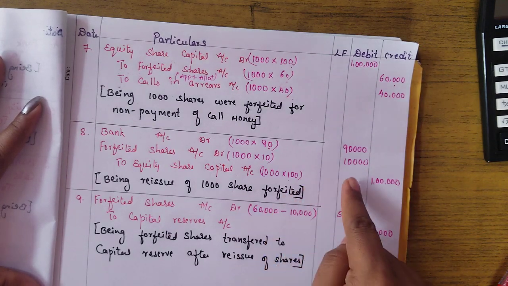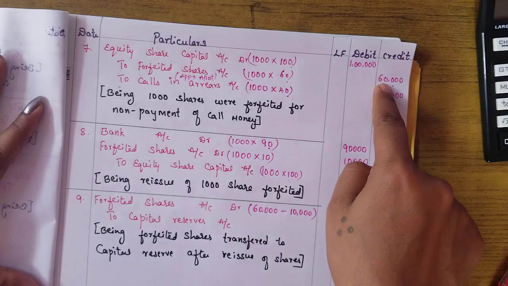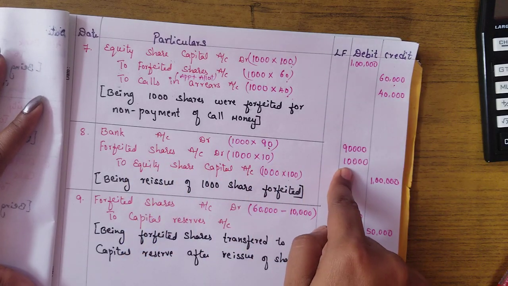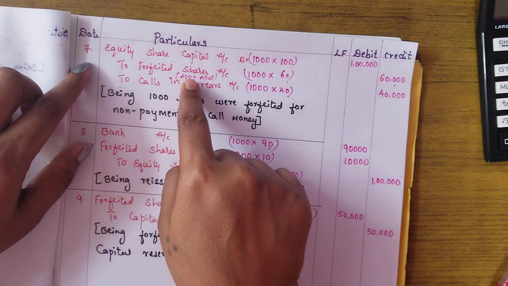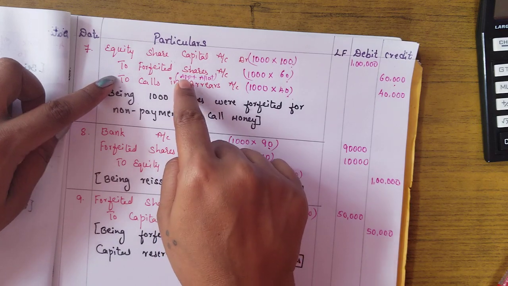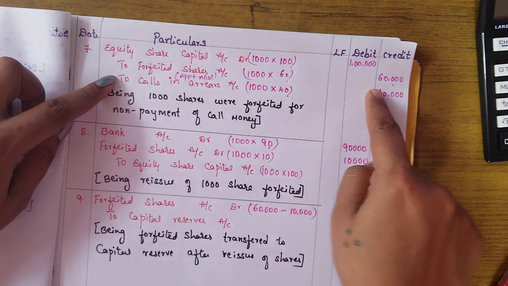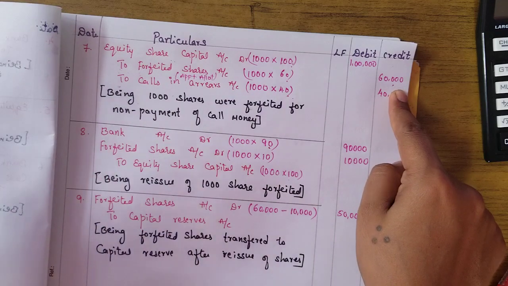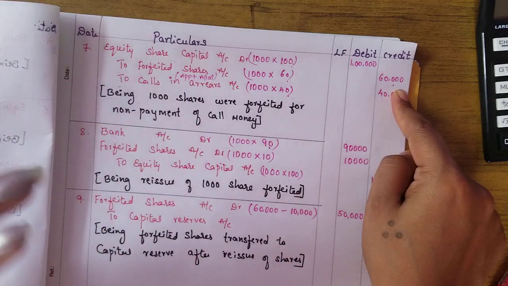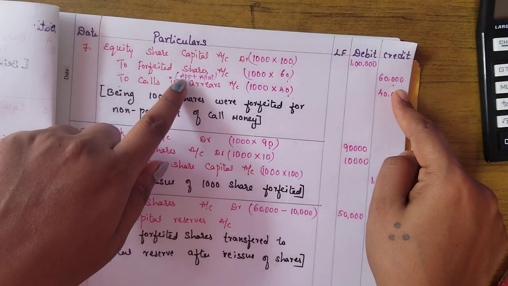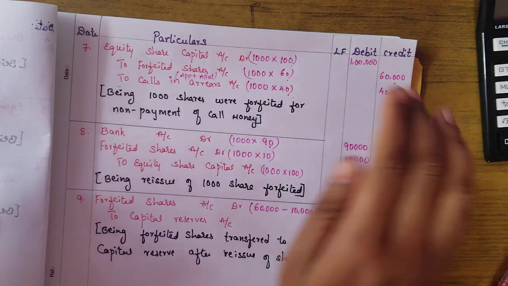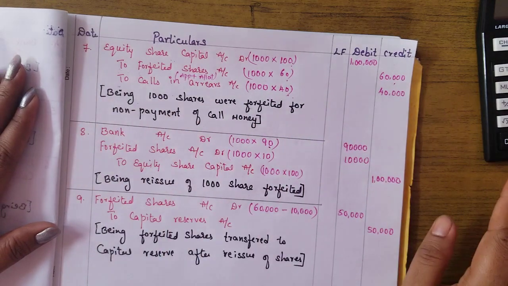Okay. Here you may ask, this forfeited is 60,000. Here forfeited is 10,000. See, this is the amount which is already paid. Application and allotment amount which is already paid, 60,000. Forfeited means what? Cancelled. Once they have cancelled, the allotment and application money is still with the company. They will not refund it to the shareholders.